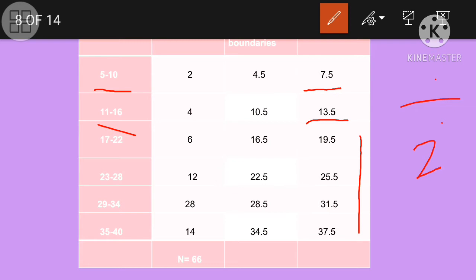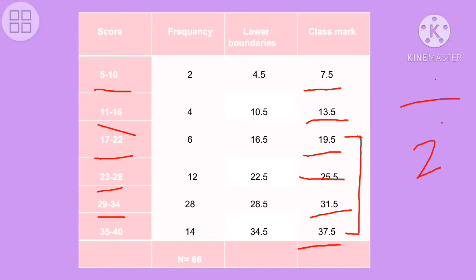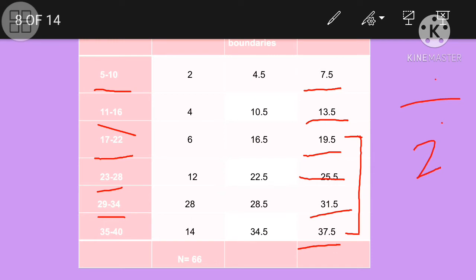If you have a scientific calculator, you can compute it yourself. 17 plus 22 divided by 2 is equal to 19.5. Just like the others: 25.5, 31, 37. Again, if you have a scientific calculator, you can check it yourself.